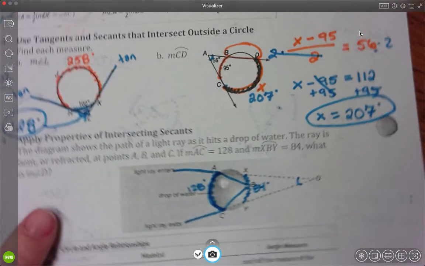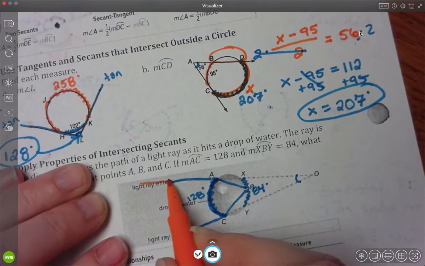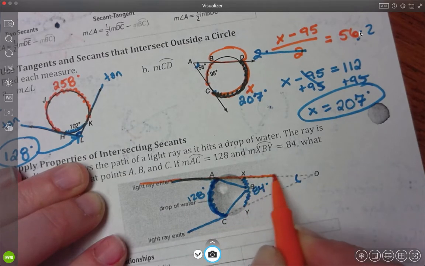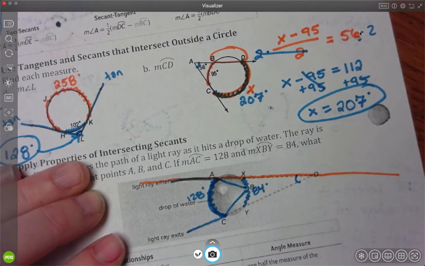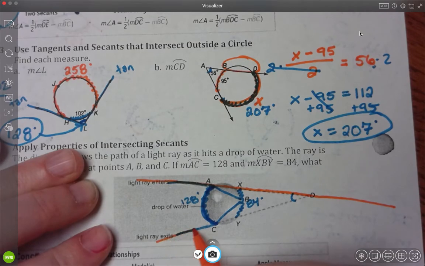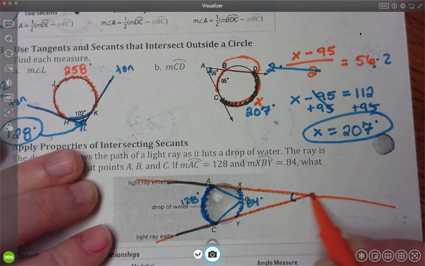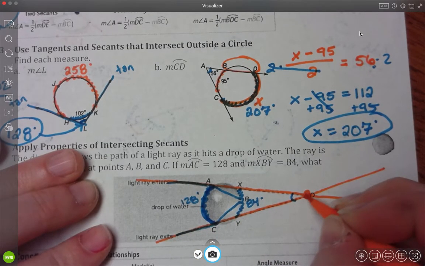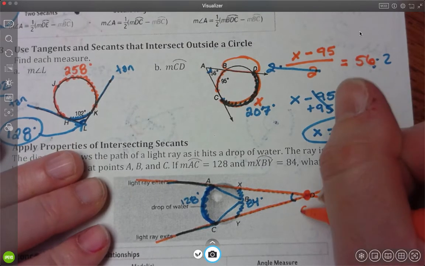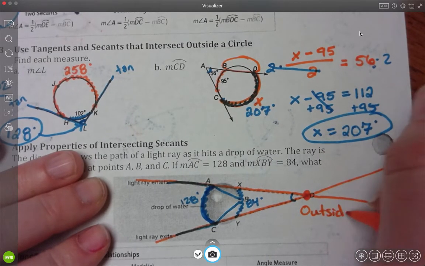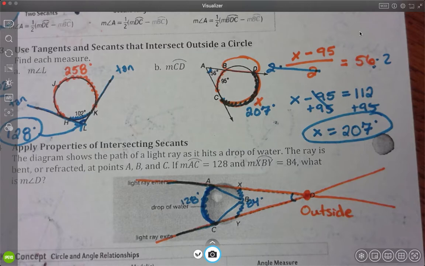So let's look at what we have going on here. If I take that light and I pretend as though it wasn't bent and make it a straight line all the way through, and this bottom light ray, and pretend that it wasn't bent and going all the way through, they're going to intersect at point D, which is on the outside of the circle. Okay, which means outside, I'm going to subtract. Okay, so what two things do I subtract?